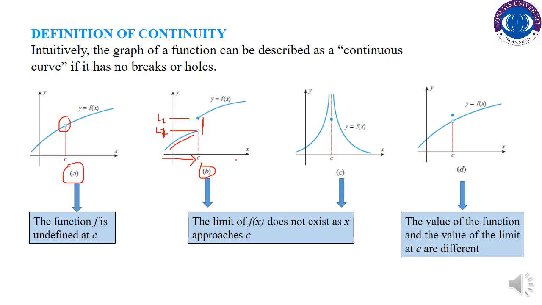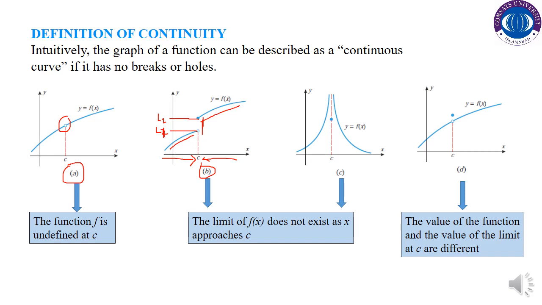Now the right hand limit, when x approaches C from the right side, the function goes to the point L2. So the left hand limit and the right hand limit are different, so limit does not exist here.